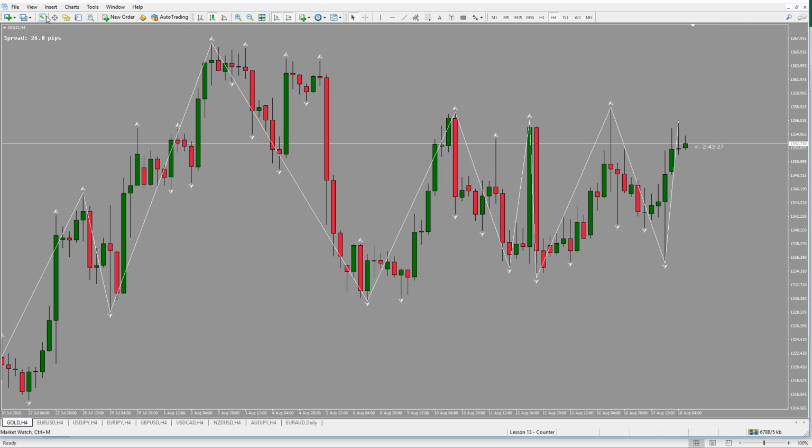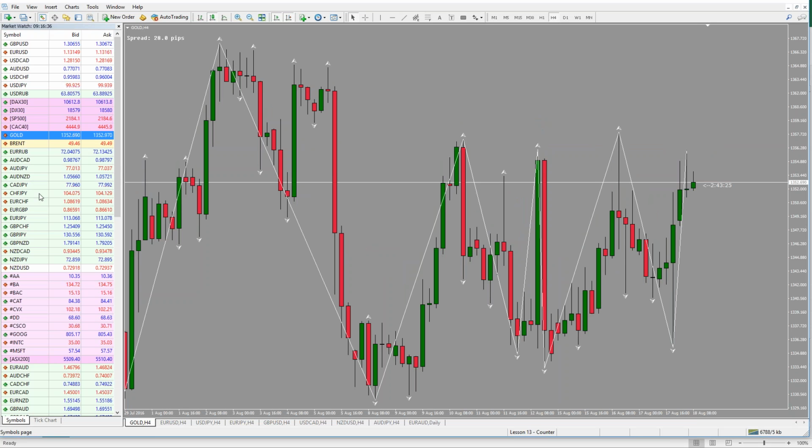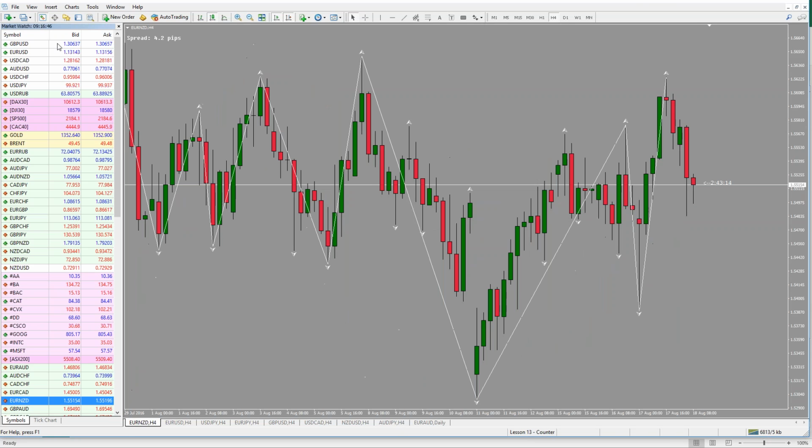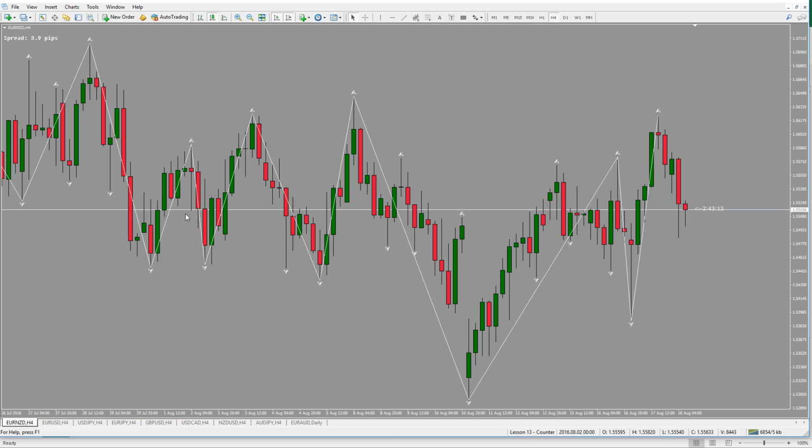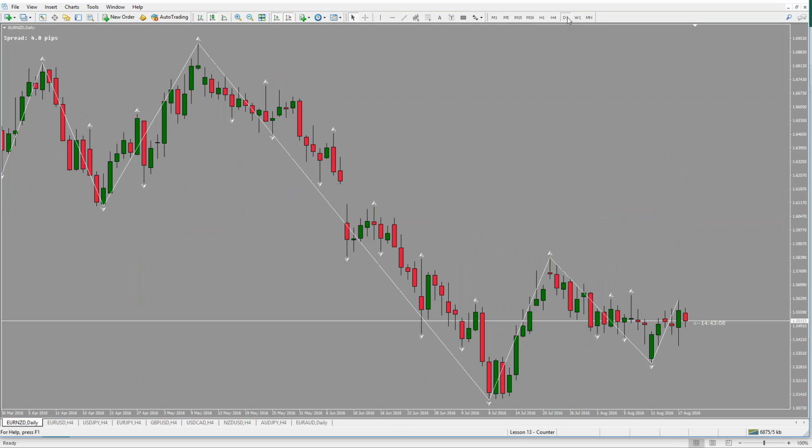Euro New Zealand. I don't think I've looked at this chart ever in my life. Let me have a look at the Euro Kiwi. Euro Kiwi 4-hour chart. Let me go to daily first.